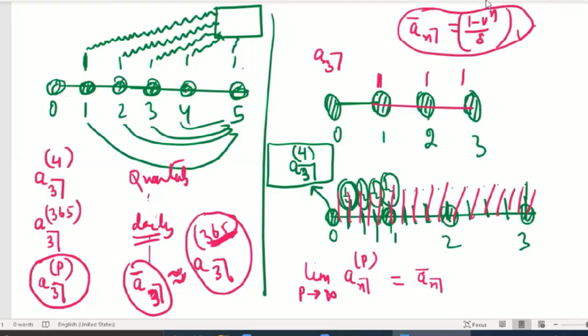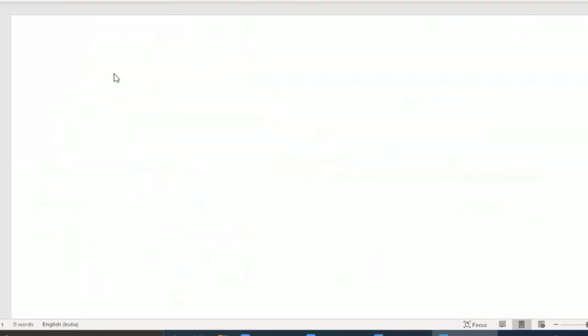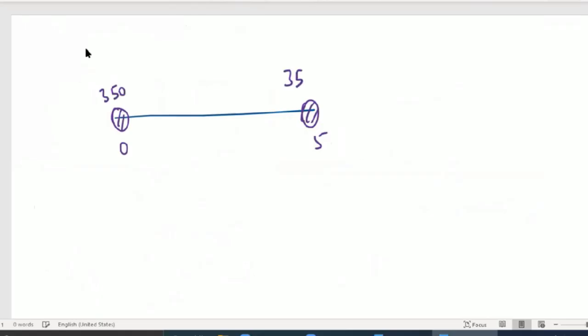So what is accumulation factor? Accumulation factor, it's a notation. It's not required, but if you want to know, accumulation factor means, suppose you are finding from 0 to 5, you deposit an amount 350. So what we write is 350 A05. This is a notation we are using, that's all.